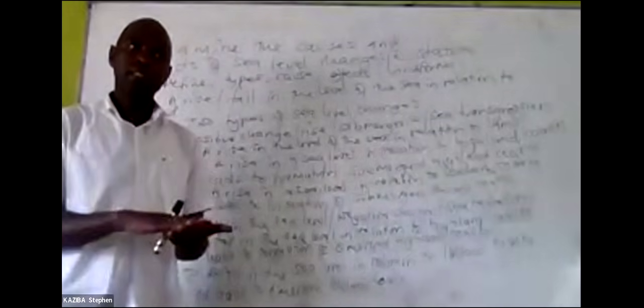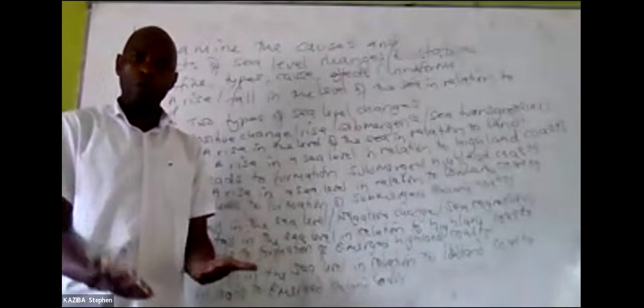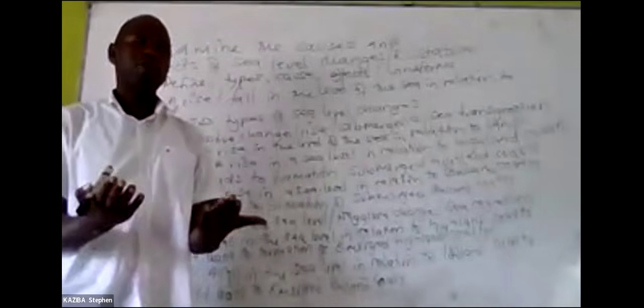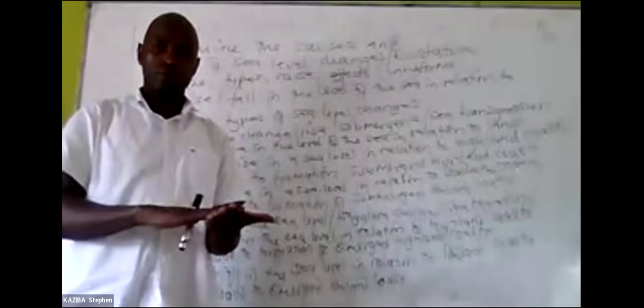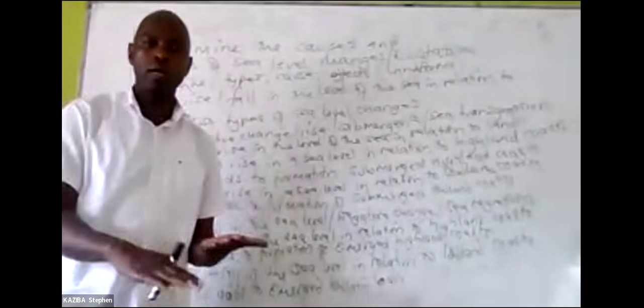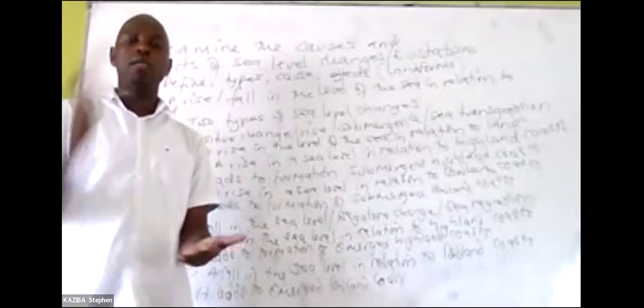When the water level goes down, what was covered emerges. So if the coast is a lowland, you have the formation of emerged lowland coasts, and if the coast is a highland, you have the formation of emerged highland coasts. Now, when we are done with this, we go to the causes of sea level changes.